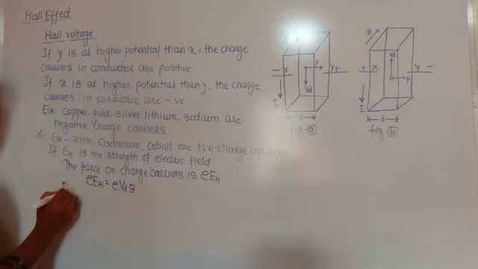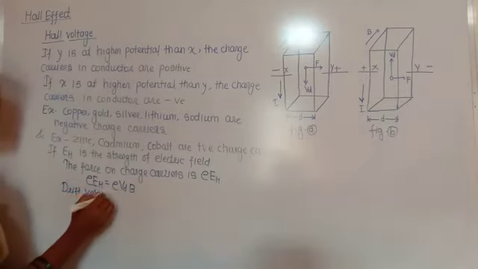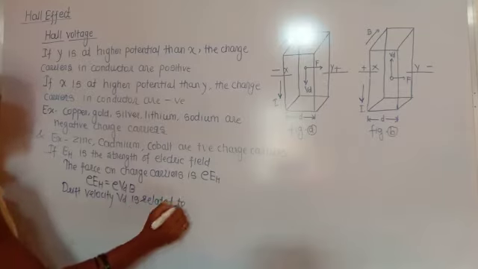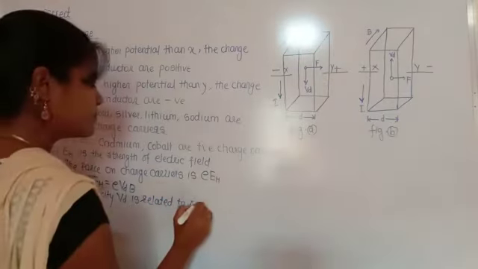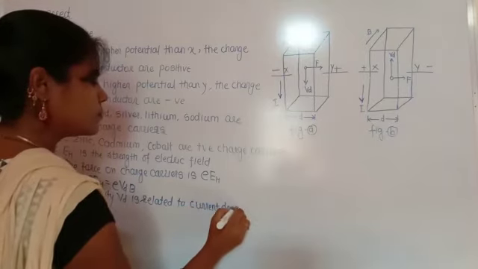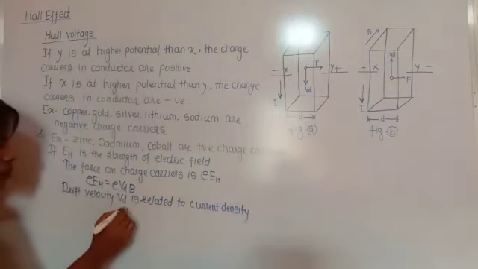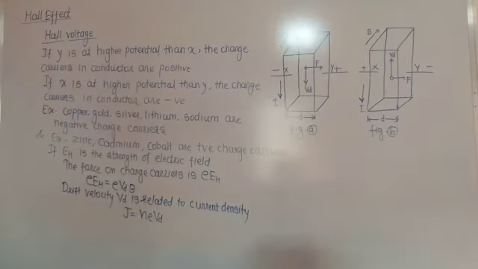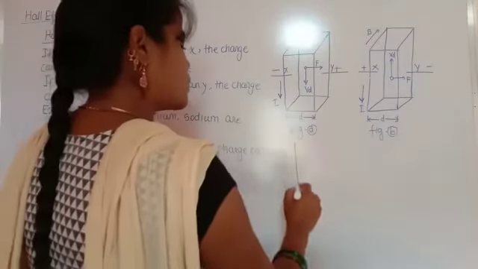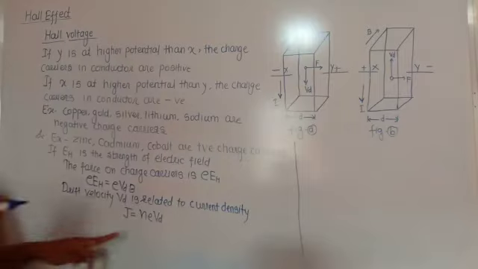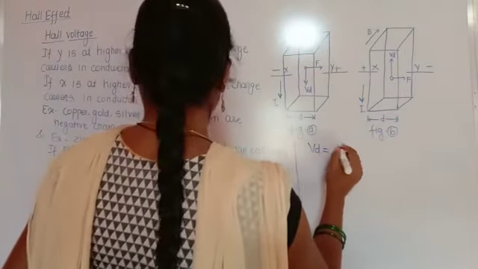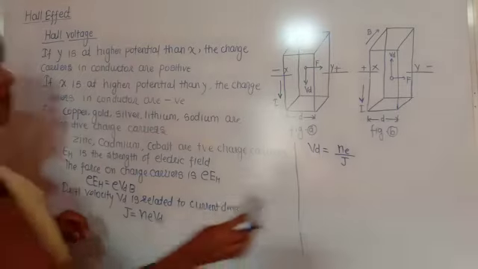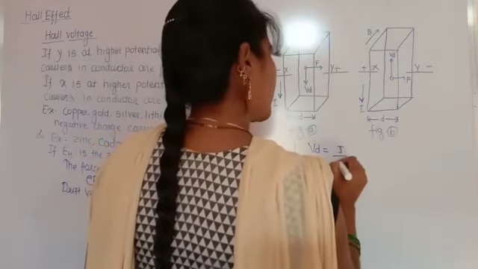This drift velocity Vd is related to the current density J by the equation J is equal to NEVd. From this equation we can calculate Vd is equal to J by NE.